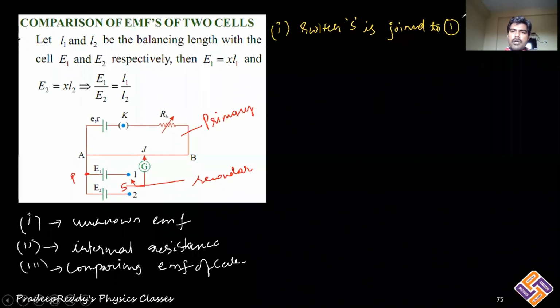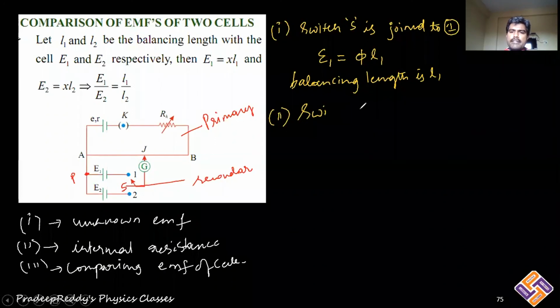When the switch is joined to 1, the balancing length is obtained L1. That is, E1 is equal to pi into L1. This is the balancing length. Balancing length is L1. Now what you will do? Remove that switch.